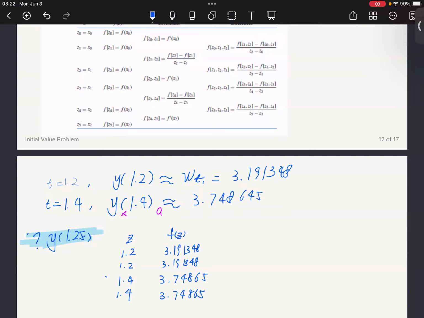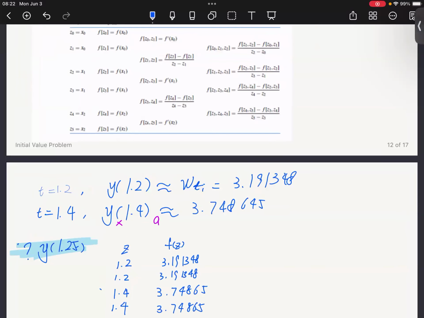And for the third column, we should be very careful because we don't know the true solution. Once again, we don't know the true solution. And for this one, we don't know the derivative as well. So this is not F, this is the Y corresponding to our question statement. And this is the Y value.